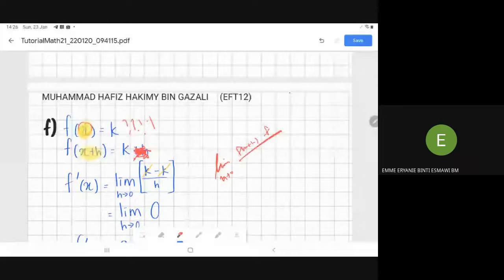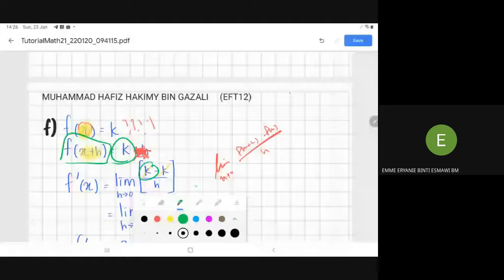We substitute to x. So, x is k. X pun adalah k. So, k minus k, of course, 0 lah. 0 h adalah 0.